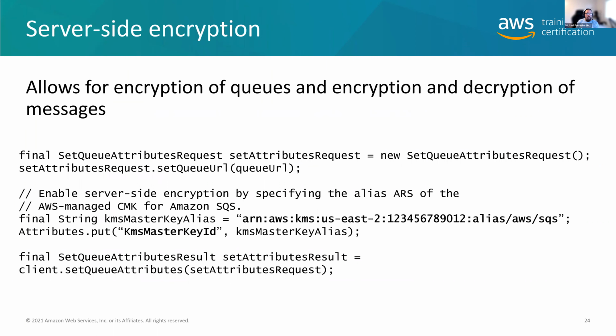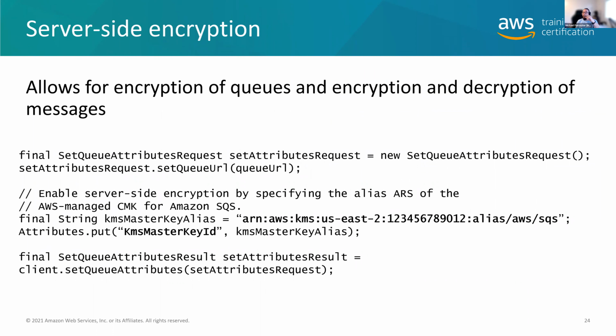Server-side encryption is going to encrypt the body of the message, but it's not going to touch the metadata. You can use your own customer managed key if you want to. You can also use KMS for this, and KMS is typically the preferred method.